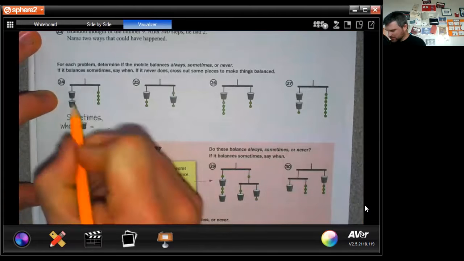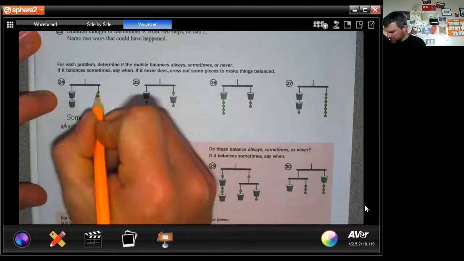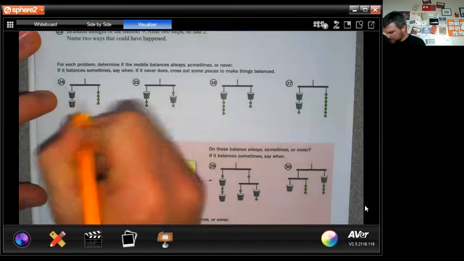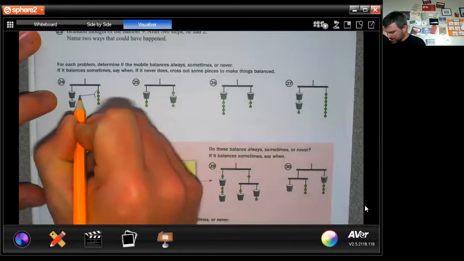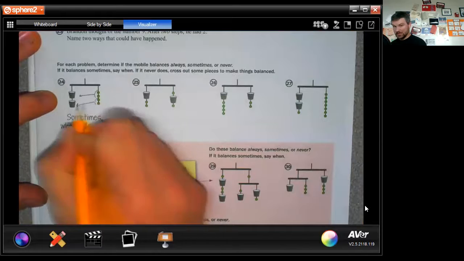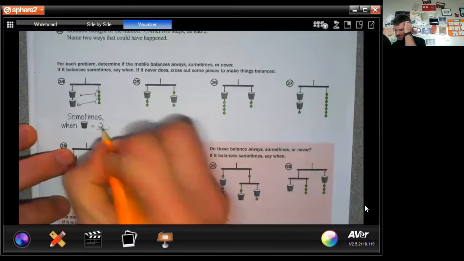Okay, well, I've got 2 buckets, but I got 4 dots over here. So I got to group these 4 dots into these 2 buckets. So I got to take 2 to that bucket and 2 to that bucket, and then it'll equal. So it will only equal if there's 2 marbles in each bucket.